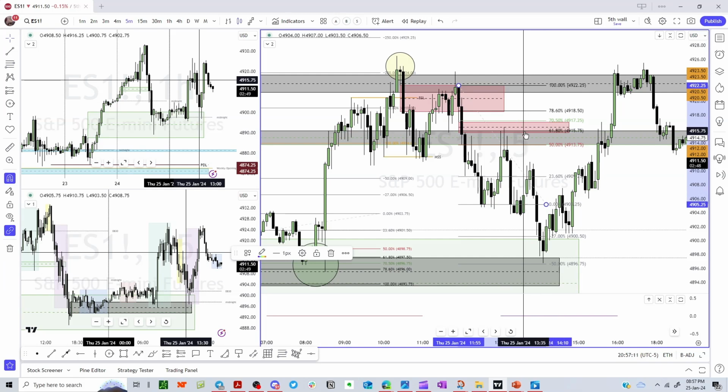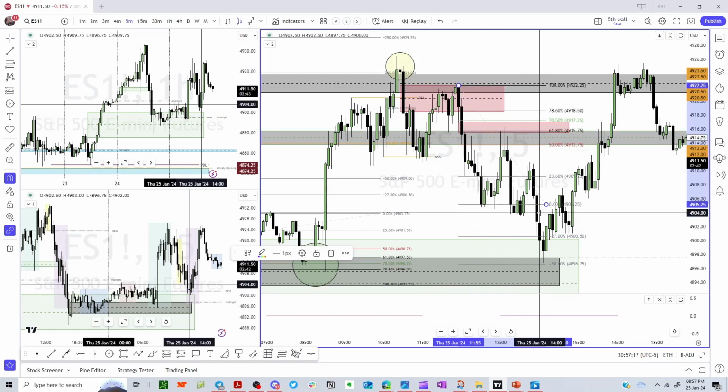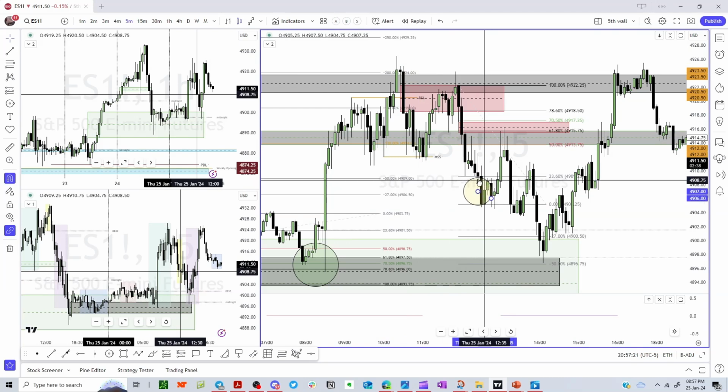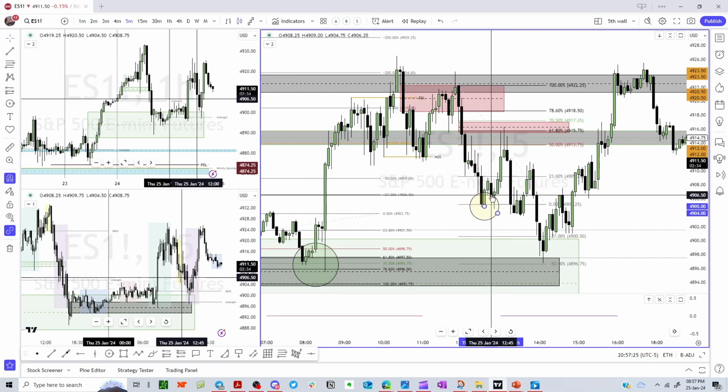All right, it's above the 50% mark. Optimal trade entry 61.8. So yes, that is an OTE, optimal trade entry, as well. And it's just so you can make it easier to see where I anchored the fibs at.